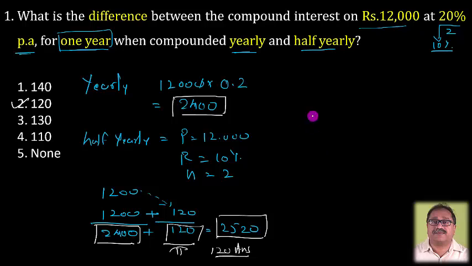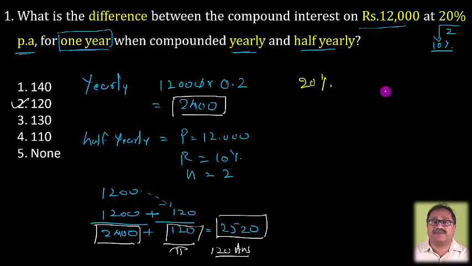The same question can also be answered in a different method, and that is the percentage approach. If I go for 20% for 1 year and compounding yearly, whether it's simple interest or compound interest, the rate of interest will be 20%, because it is compounded yearly. So in case of yearly compounding, the interest is 20.